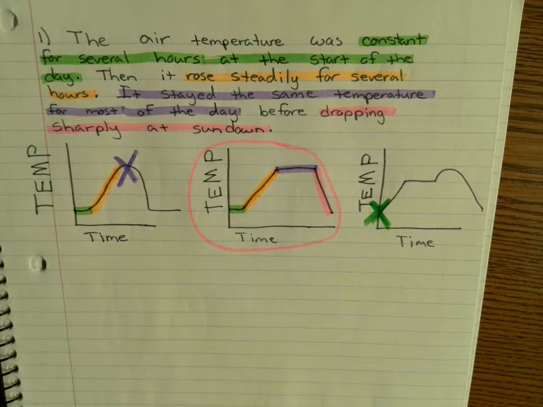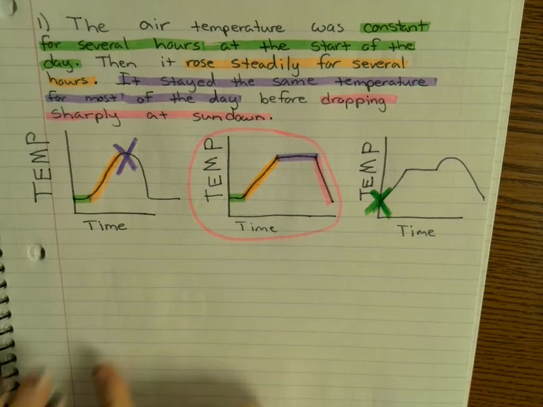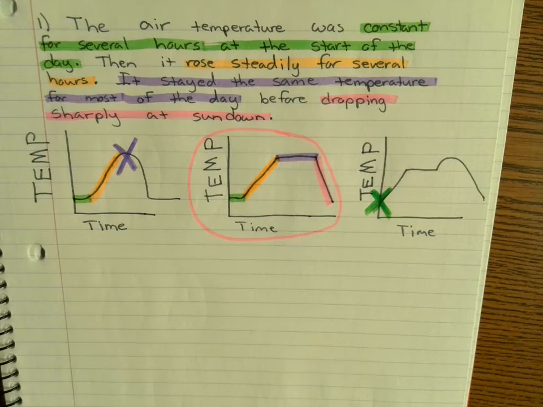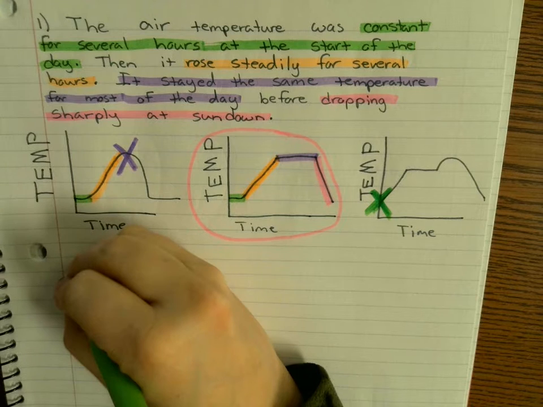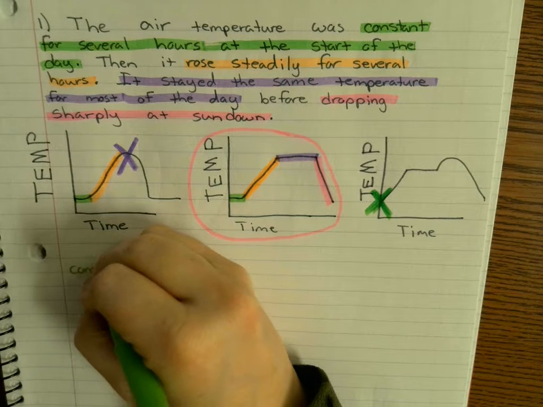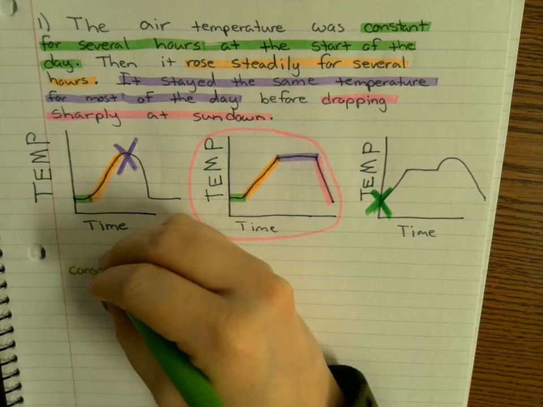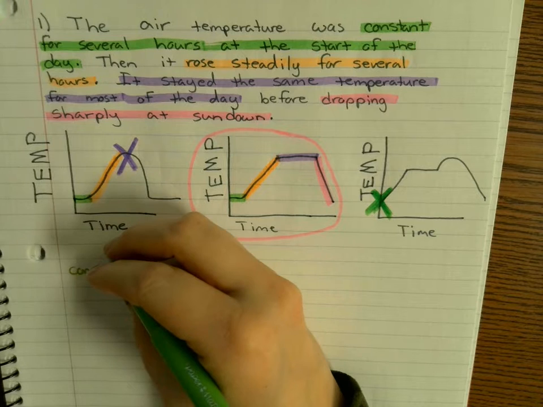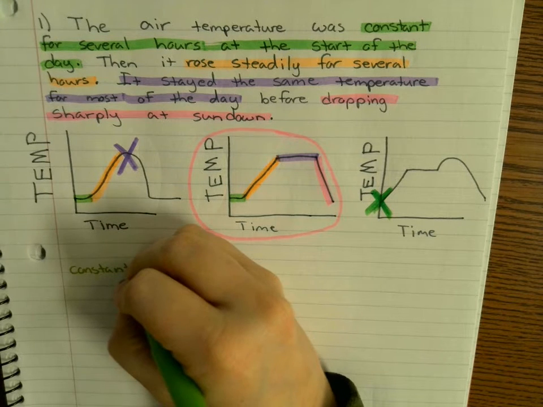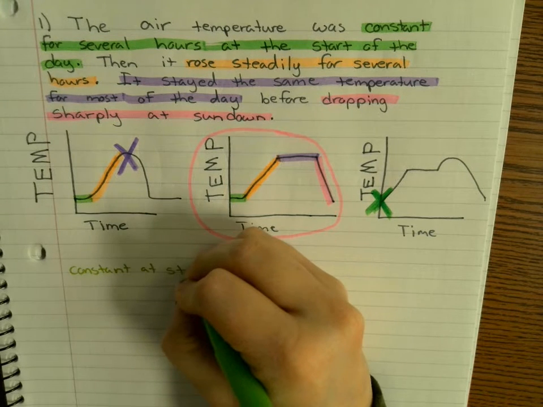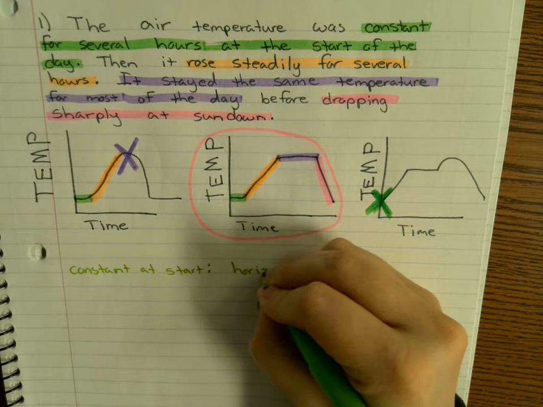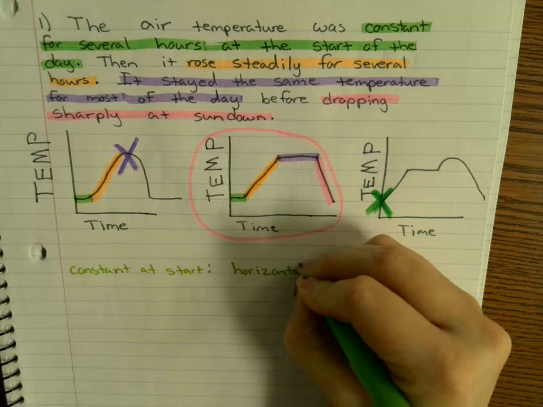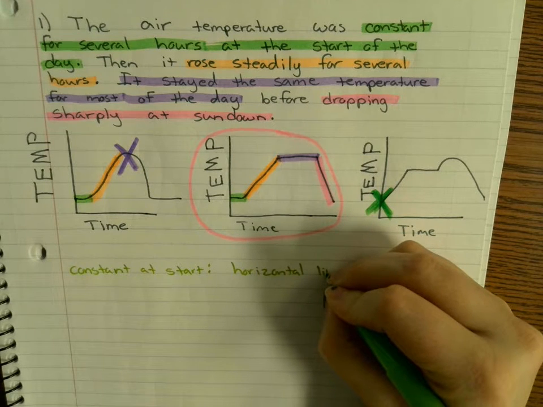Okay, so let's write all of that down again, what everything I said means, in each of the colors. So in green, that constant. The constant at the start meant that it was going to have a horizontal line at the beginning.